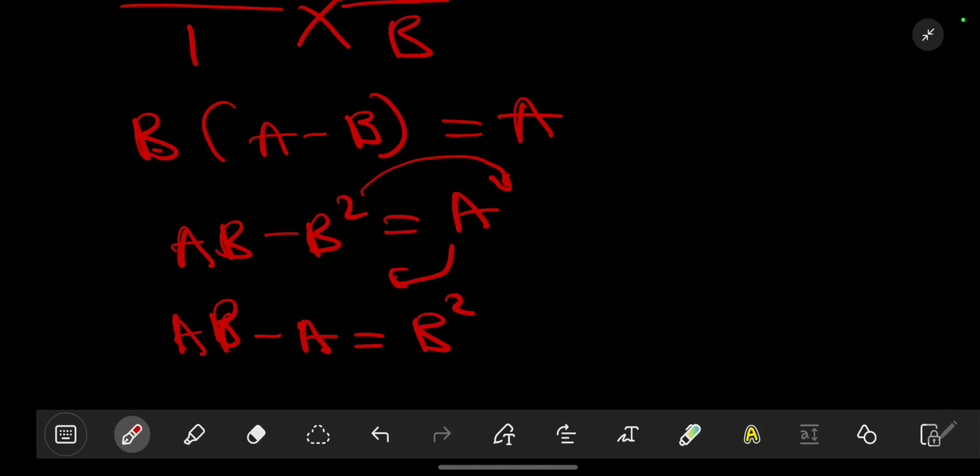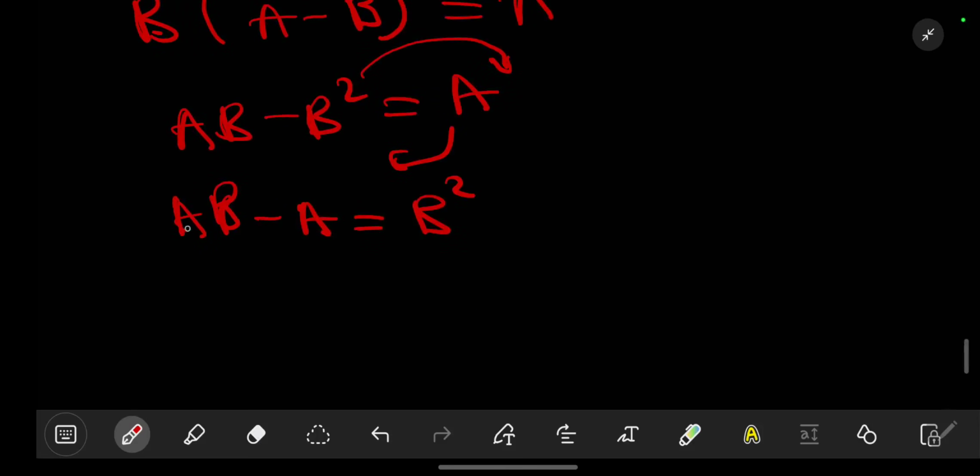Then our a is common here, so we are going to factorize it. So we have a is common, then we have b minus 1 should be equal to b squared. When you reach this stage, when you have simplified it like this, you can now replace.